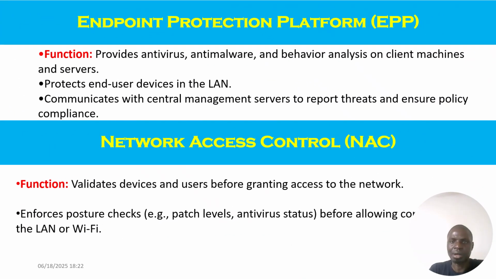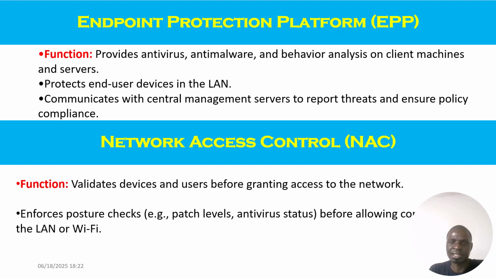Endpoint protection platforms provide antivirus, anti-malware, and behavior analysis on client machines and servers. And therefore, they protect the end-user devices in a LAN and communicate with a central management system or server that reports any threat to ensure compliance.